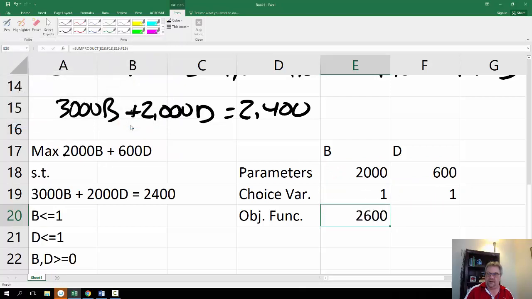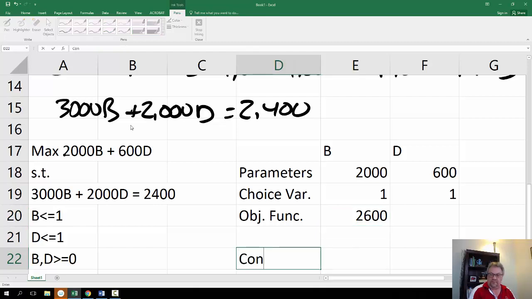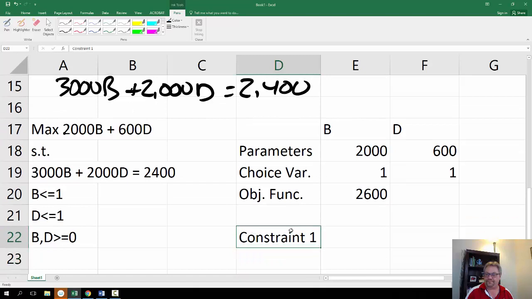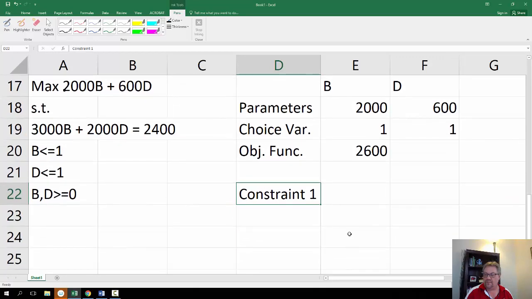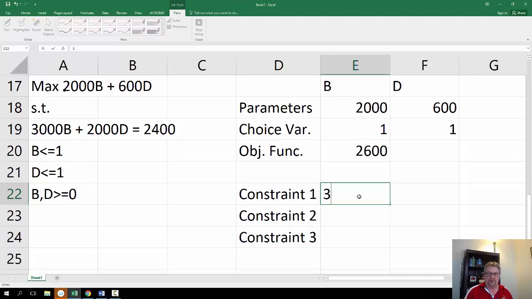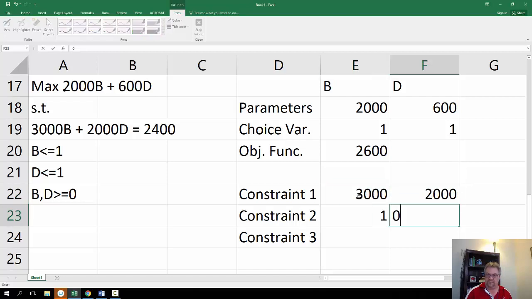All right? And then I've got my constraints. I've got 3 of them. So constraint 1, 3,000, 2,000. Constraint 2, 1, 0.